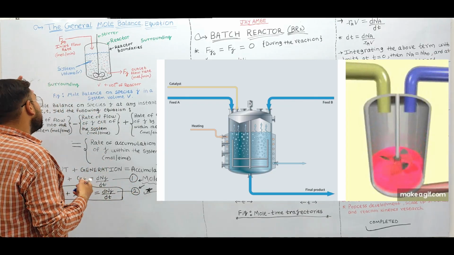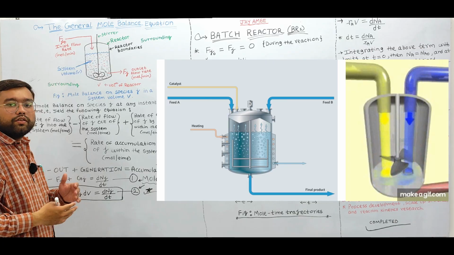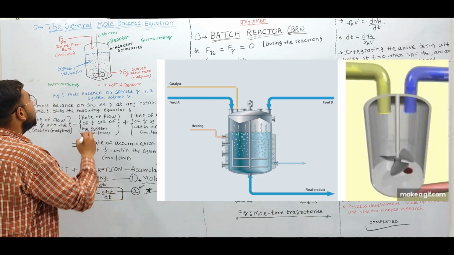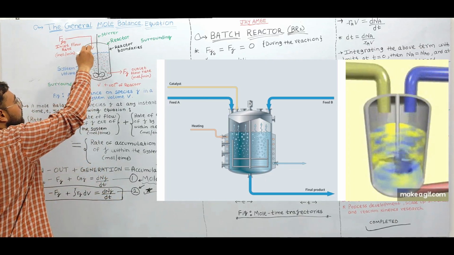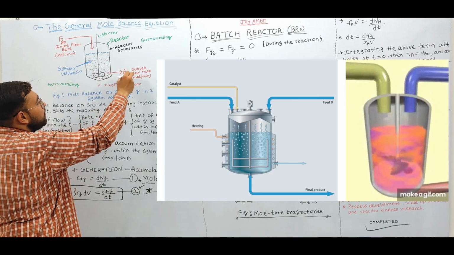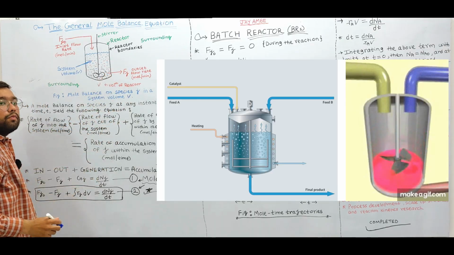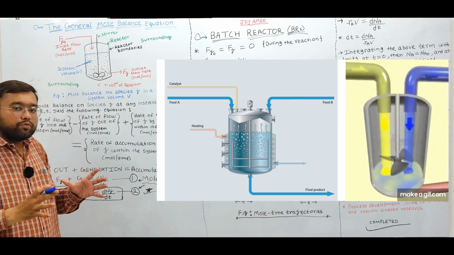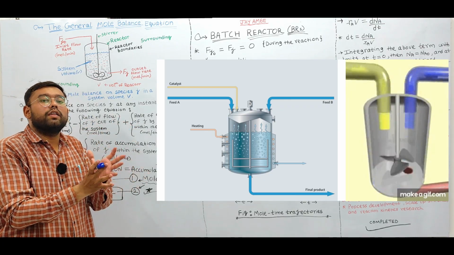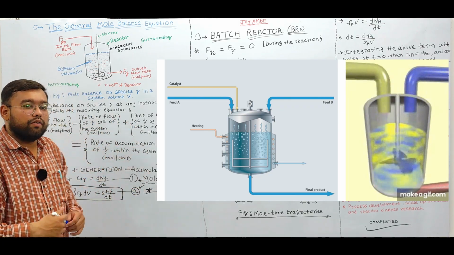During the progress of the reaction, during the run of the reaction, there will be no inlet flow rate and there will be no outlet flow rate. It's termed the batch reactor, which means a batch where the reaction takes place.